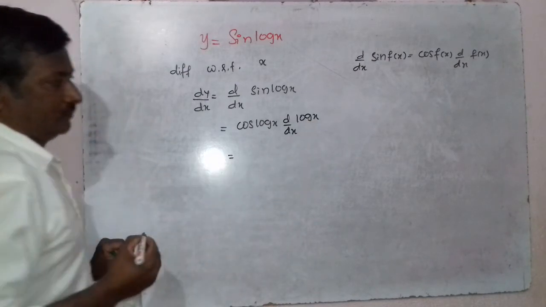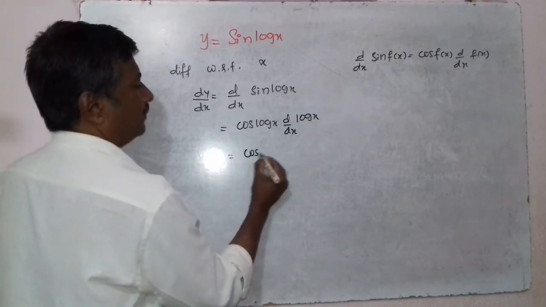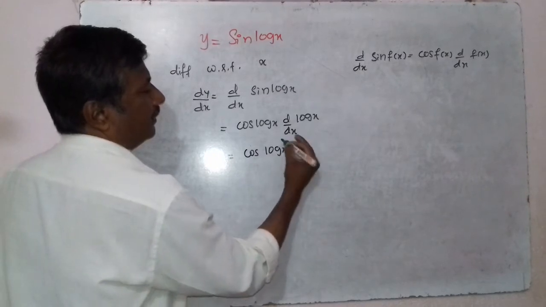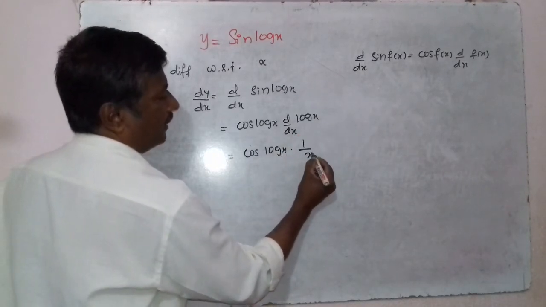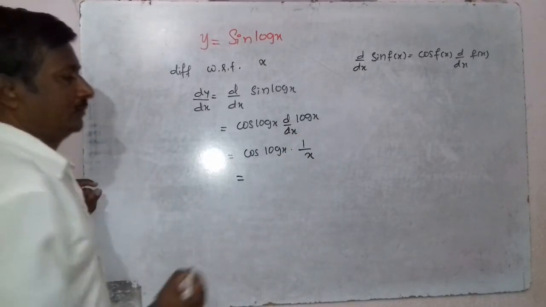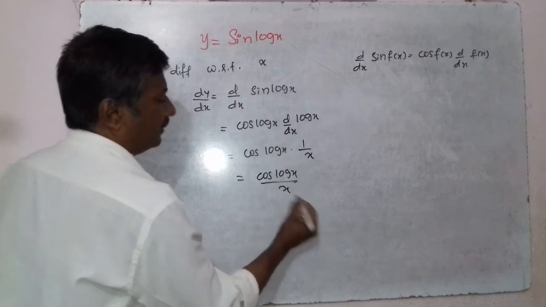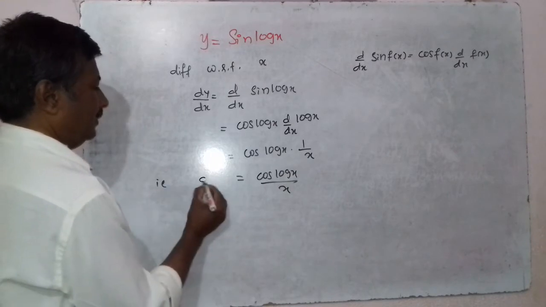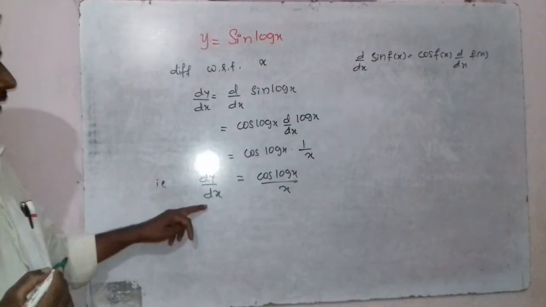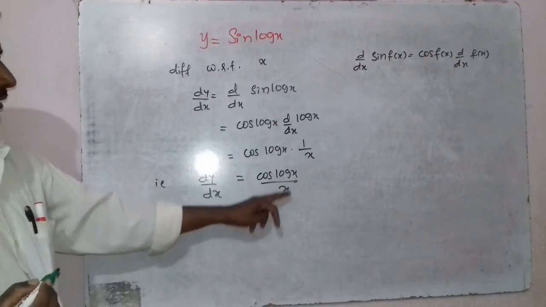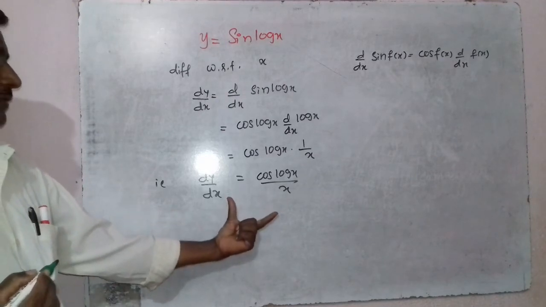This equals cos of log x, and the derivative of log x is 1 by x. This equals cos of log x divided by x, that is, dy by dx equals cos log x upon x, which is the first derivative.